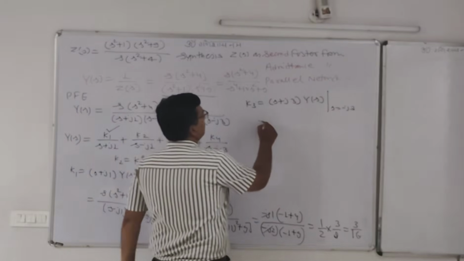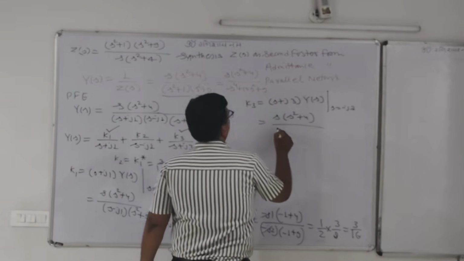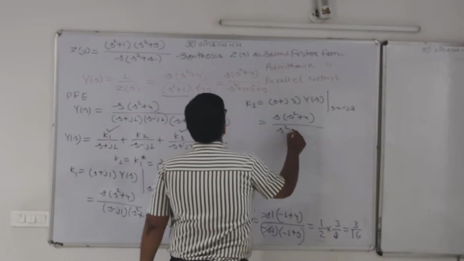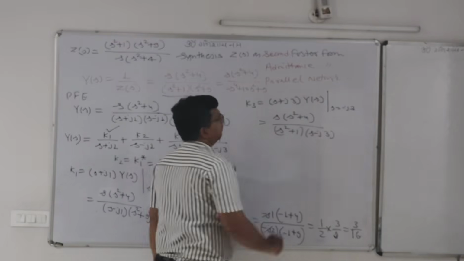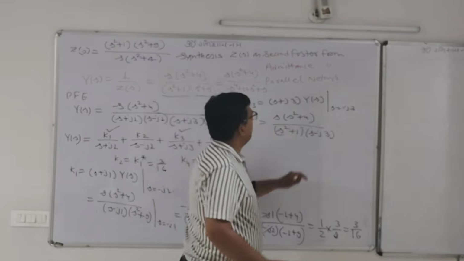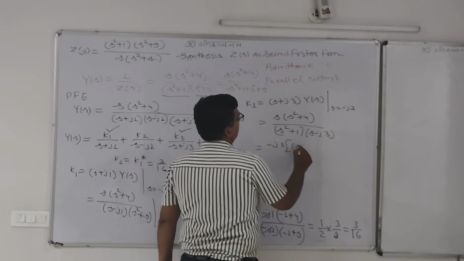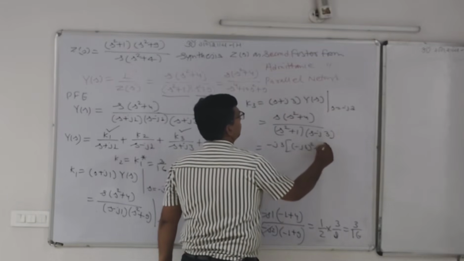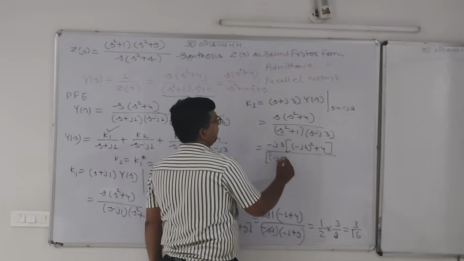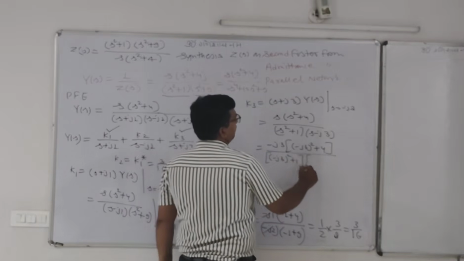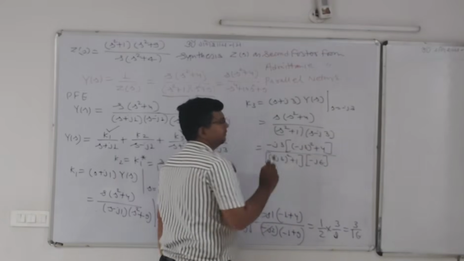What is the remaining? s into (s square plus 4) upon (s square plus 1) into (s minus j3). Now I put s equals minus j3 in this equation. The numerator is minus j3 into ((minus j3) whole square plus 4), and the denominator is ((minus j3) whole square plus 1) into (minus j3 minus j3), which is minus j6.